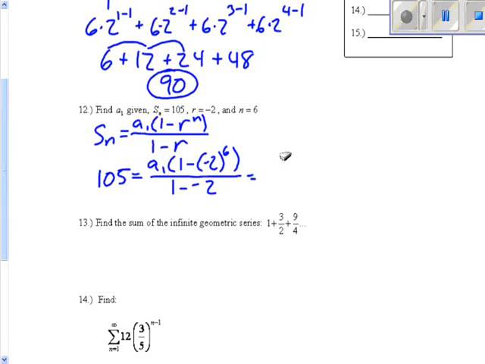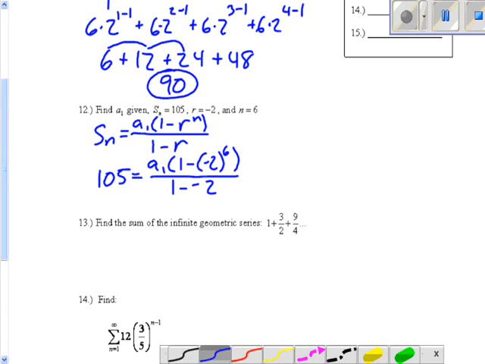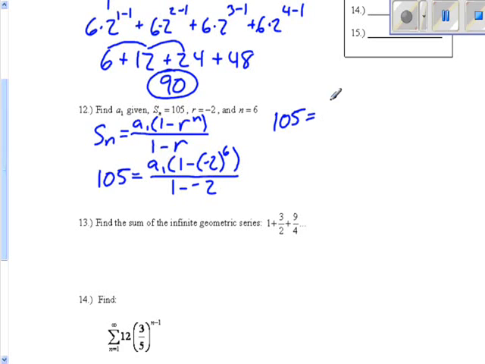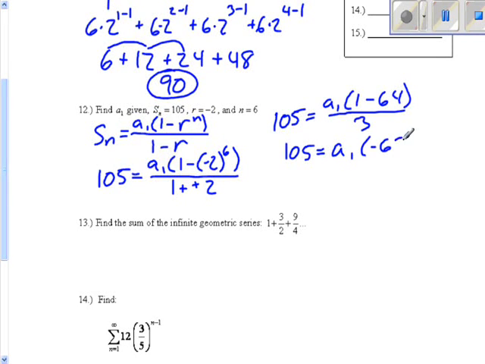Let me rewrite this up here a little bit. That's 105 equals a sub 1 times 1 minus, negative 2 to the 6th power is going to give us a positive 64, all over, this is like plus a positive, so that's all over 3. So that's 105 equals a sub 1 times a negative 63 over 3.